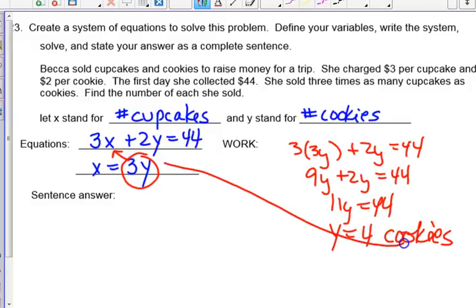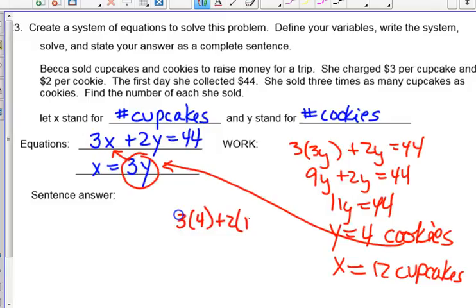And then if I plug that back in here, I did times 3, I would get 12 cupcakes, which is indeed 3 times as many. And if you were checking it, you'd go 3 times 4 plus 2 times 12 equals 44. This is 12 plus 24 equals 34. What did I do wrong?